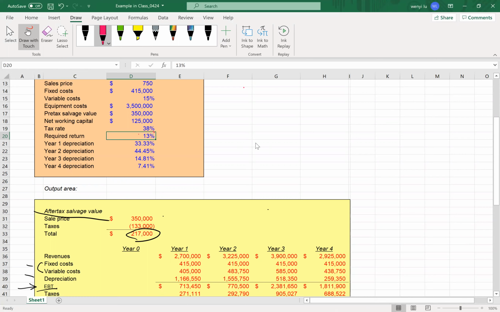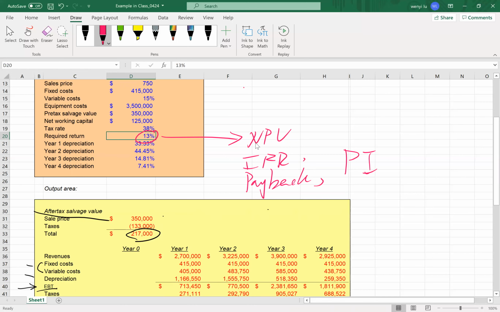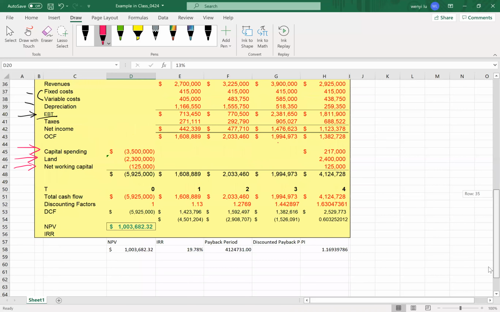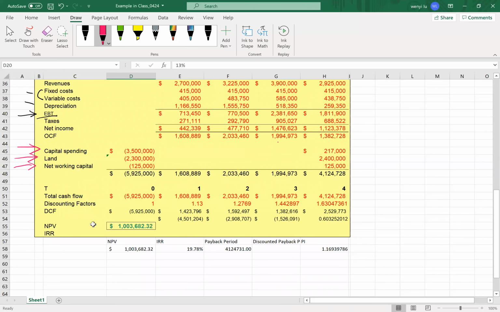So you can use this to solve the NPV, IRR, payback period, and profitability index as a benchmark to accept or reject this project. So let's apply these calculations here. The most important one, of course, is NPV.